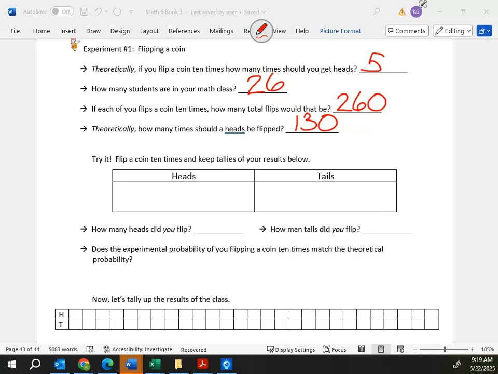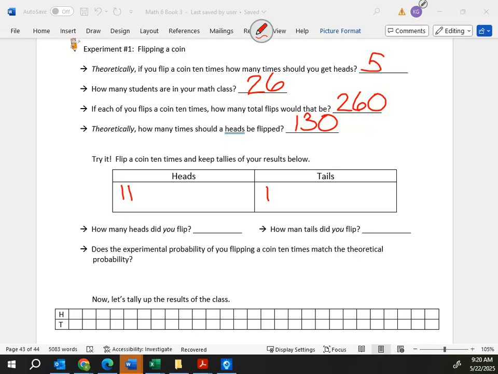So you are going to get a penny that I need back because I use these every year. You're going to get a penny to start your flipping, and you need to record. We're going to flip the coin 10 times, and you're going to put tally marks. You flip a head, you would put a tally mark here. You flip another head, you would put another tally mark. Right? And then you flip a tails.